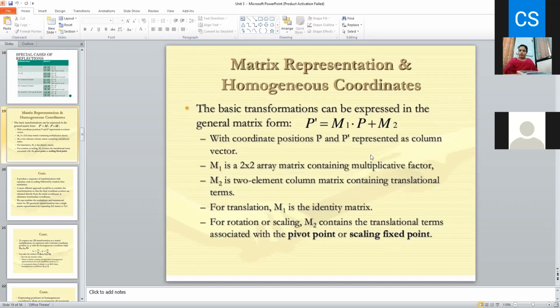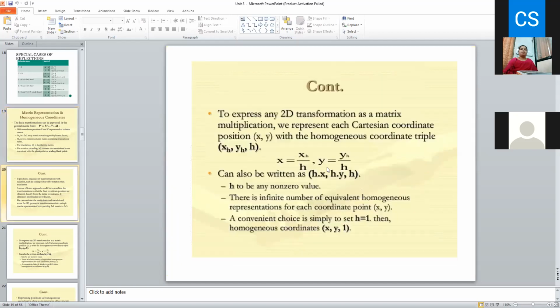So let us start with the lecture. In the previous lecture, we have seen the need of homogeneous coordinate system. In homogeneous coordinate system, a 2 by 2 array is converted into 3 by 3 by inserting one row and one column, where the element h is considered as overall scaling factor, also called the homogeneous coordinate factor.